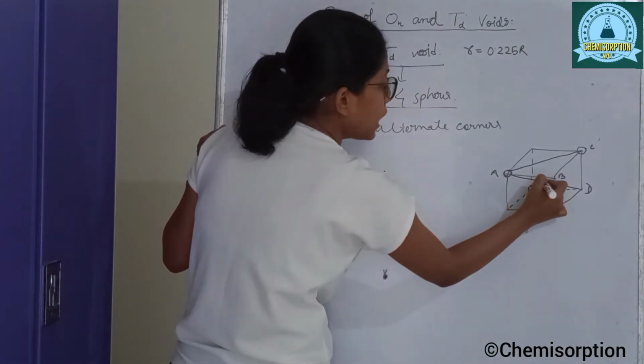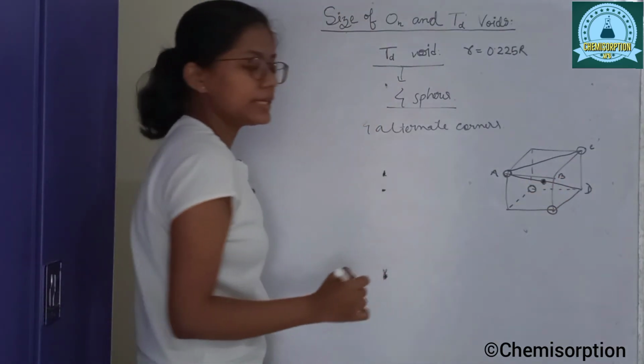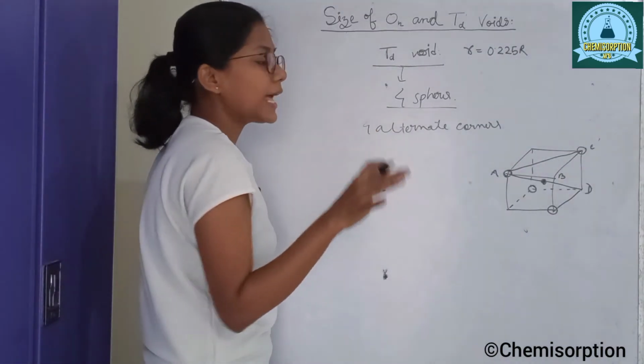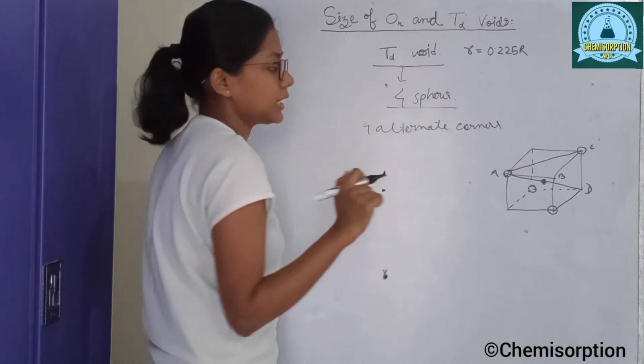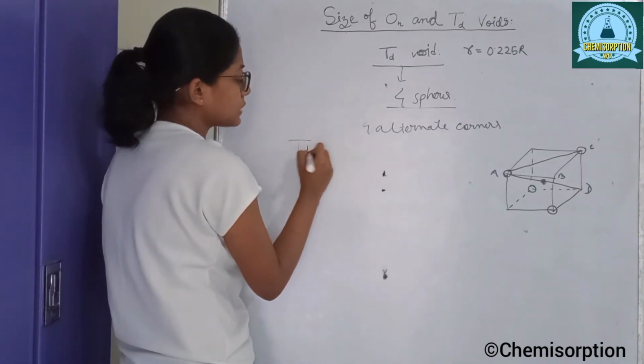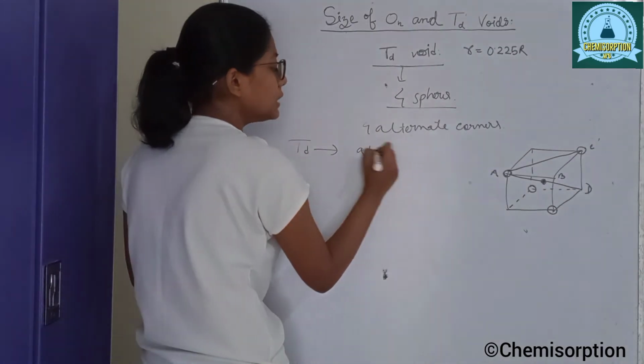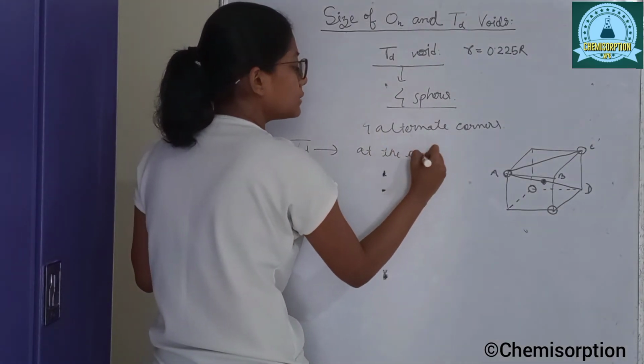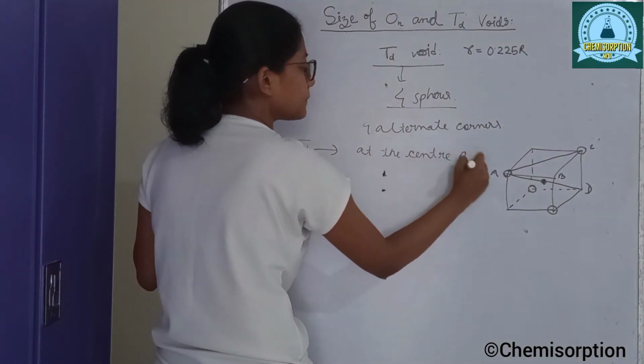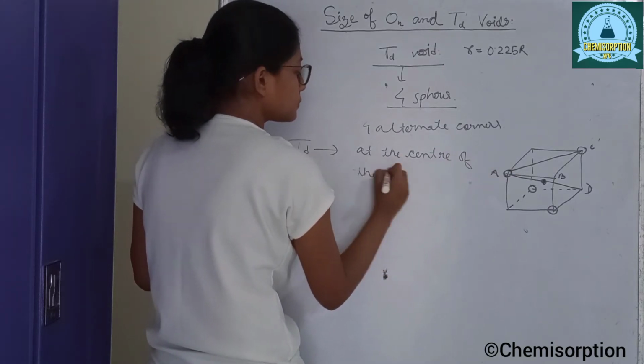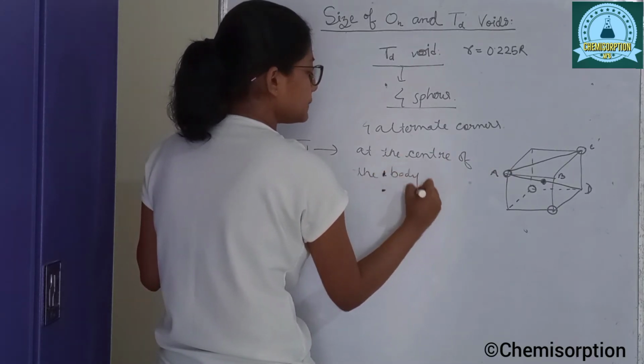And the tetrahedral void will lie on the center of the body diagonal. So tetrahedral void will be at the center of the body diagonal.